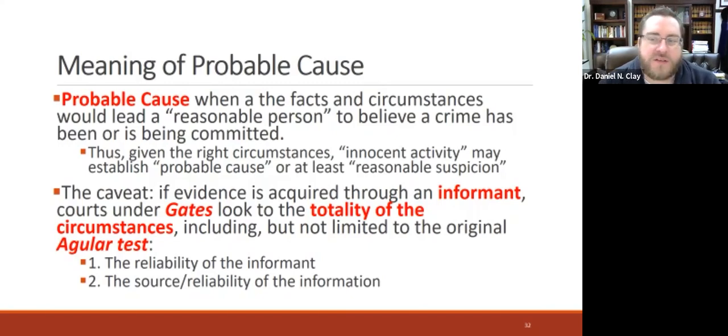If evidence is acquired through an informant, courts under the case Gates look to a totality of the circumstances to see if what the informant said is true and is enough to rise to the level of probable cause. Because often we have informants who get a quid pro quo.